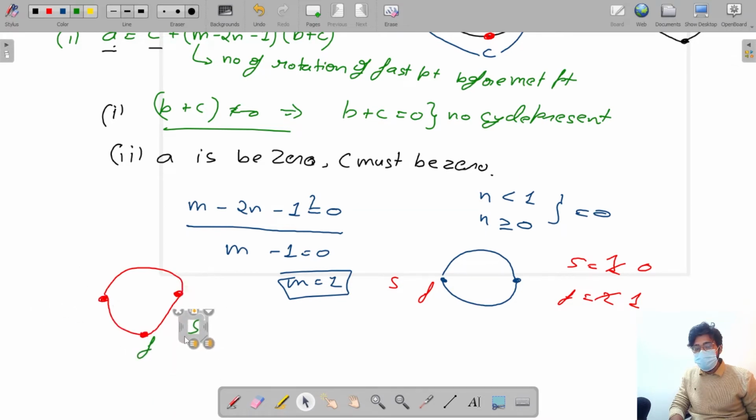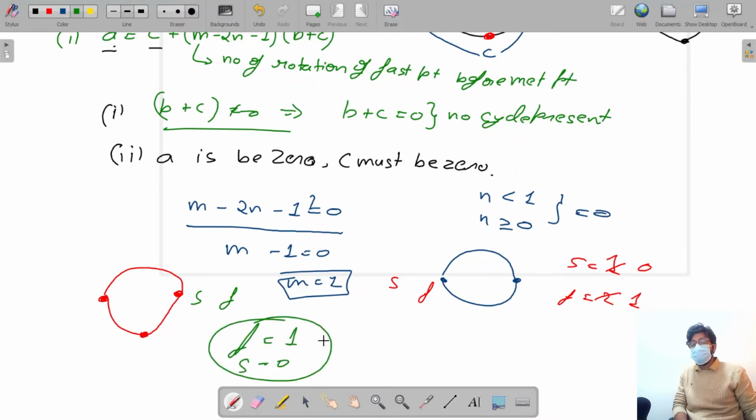Slow moves to here. And fast moves to 1, 2. Slow is already what? Met, right? So here fast also did one rotation. Fast did what? One rotation. Slow did what? Zero rotations.